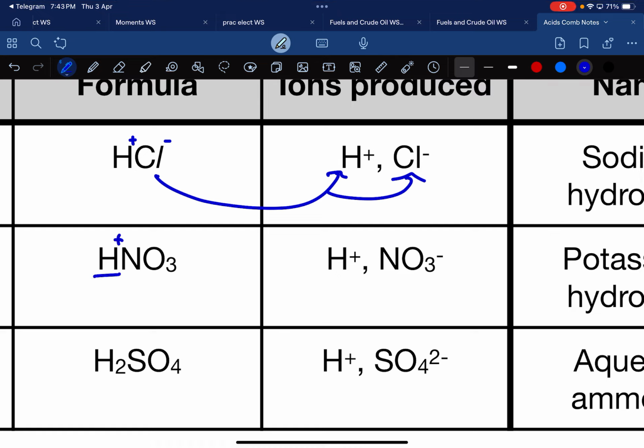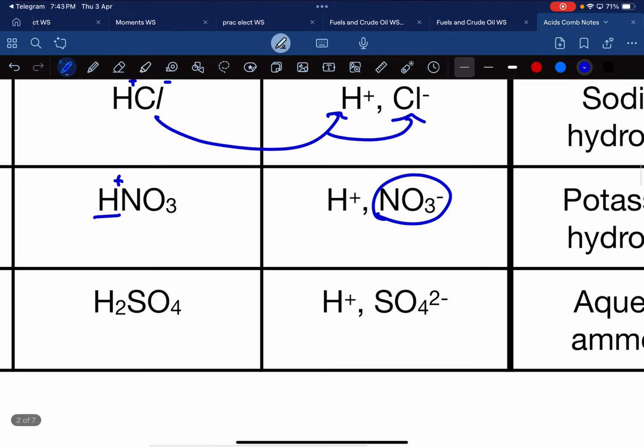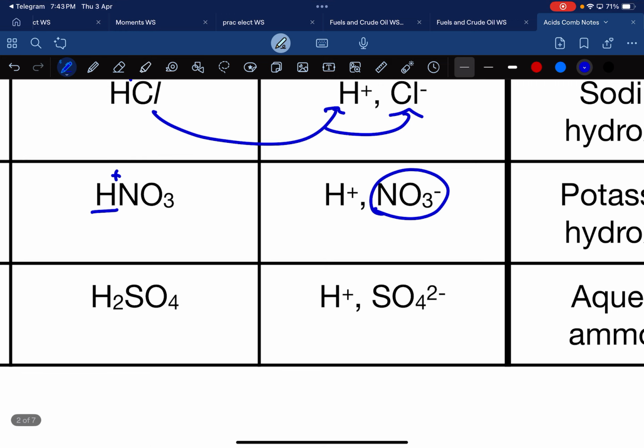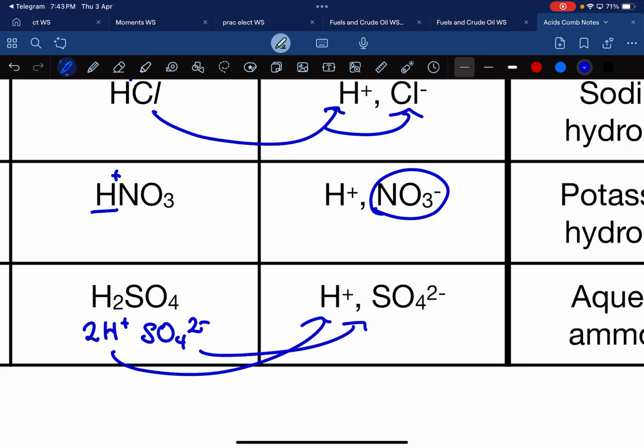Again, H+ and the nitrate ion. It's made out of a bunch of different stuff clumped together, that's your nitrate ion. Then the last one, sulfuric acid. I have two H+ here and one SO4 2-. So when you split, you will get your different ions. In essence, just remove your hydrogen, whatever you're left behind with, that's your other ion.